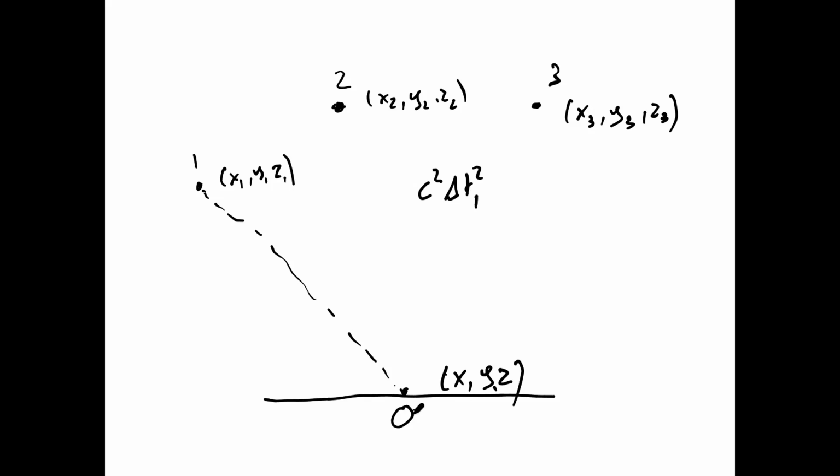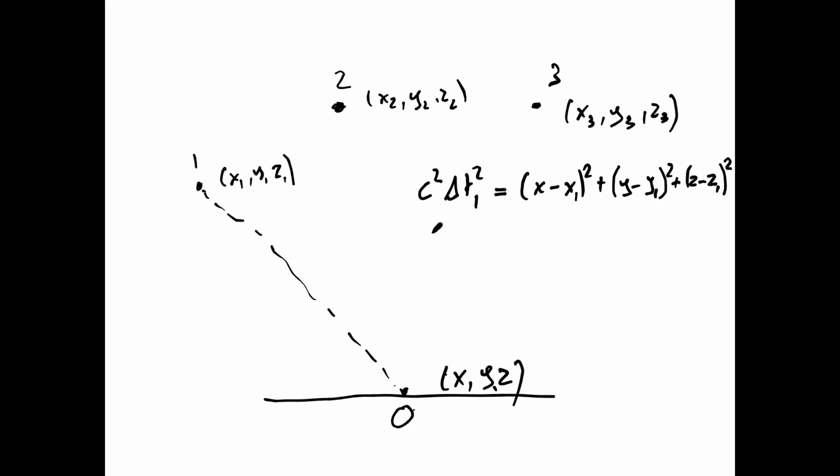Simply because we assume for now that the observer O has a clock which is synchronized with the clock on the constellation. So we apply Pythagoras theorem. This is (x minus x1) squared plus (y minus y1) squared plus (z minus z1) squared. So we can write this equation, okay?